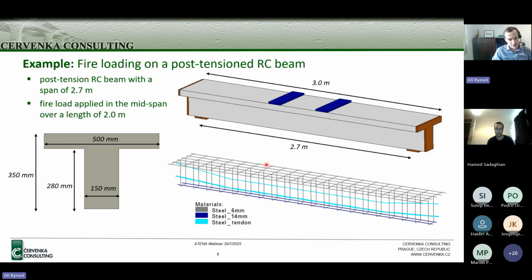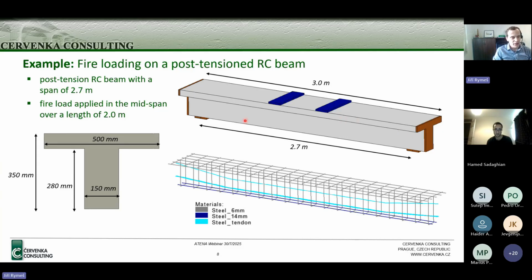It has ordinary reinforcement for shear and bending, and on top of that there are tendons with this kind of shape used for prestressing. The prestressing is then transferred into the beam through the load plates at the end of the beam.